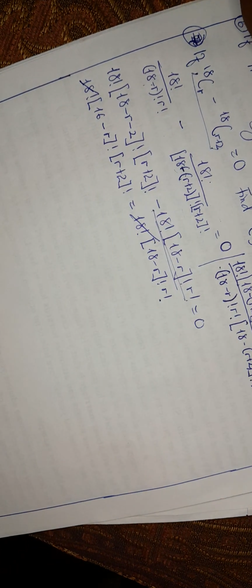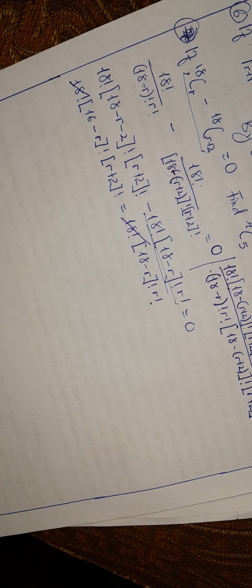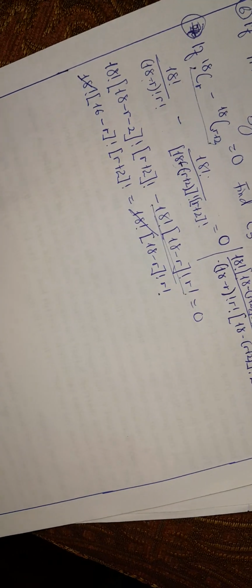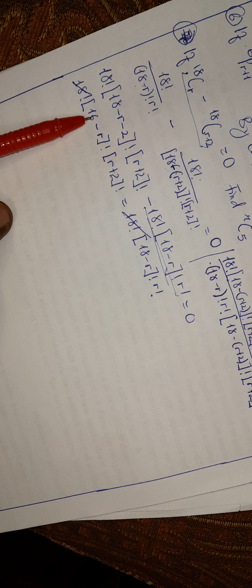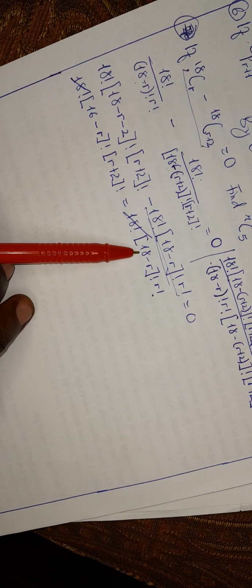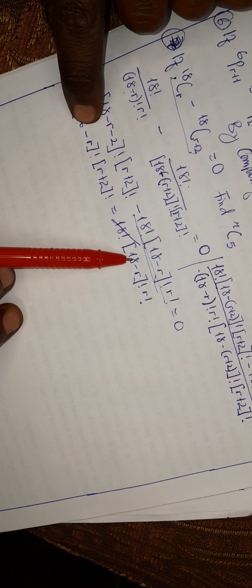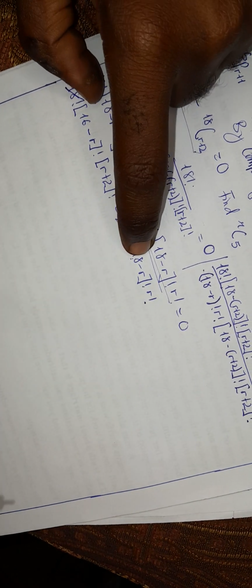So 18 factorial cancels 18 factorial. The goal is actually to eliminate everything that looks like factorial. We can get 16 factorial from 18 factorial, because 18 minus 1 is 17, minus 2 is 16.